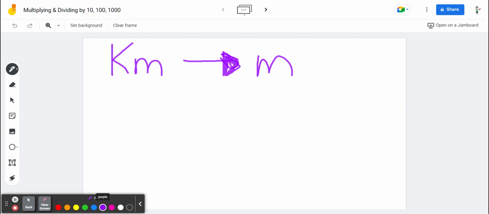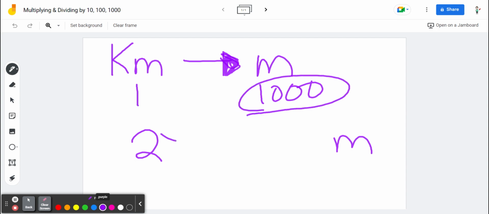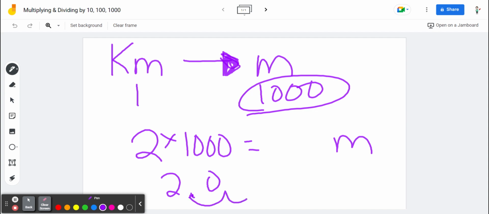And I know 1 kilometer has 1,000 meters. So if I have 2 kilometers and I want to know how many meters that is, I'm going to take my kilometers and I'm going to multiply it by 1,000, which again, thinking about the number 2, we're going to move the decimal point 3 places. So 1, 2, 3.